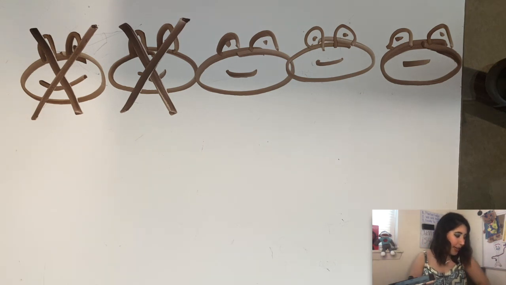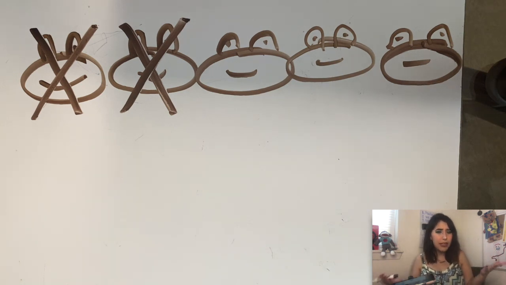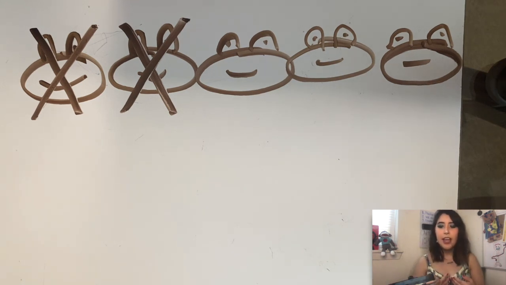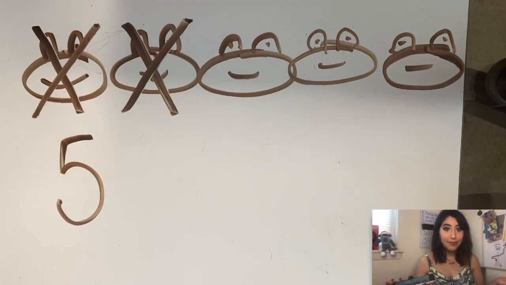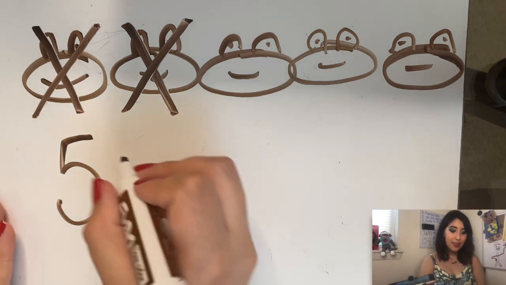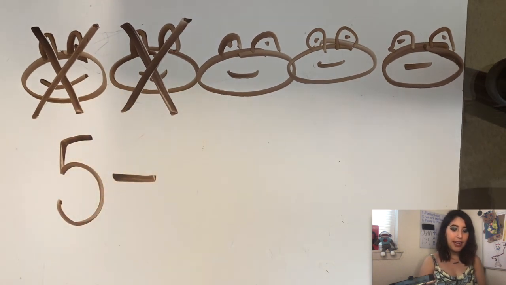How can we write about our story in a number sentence? Well, what number do we start with? How many frogs were first at the pond all together? 5. And what symbol do we use when we're taking away? Minus.